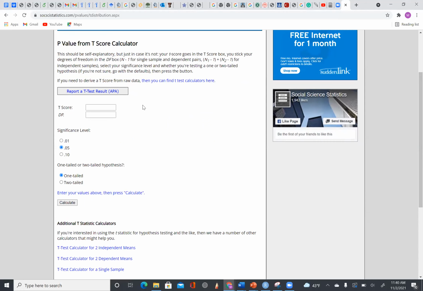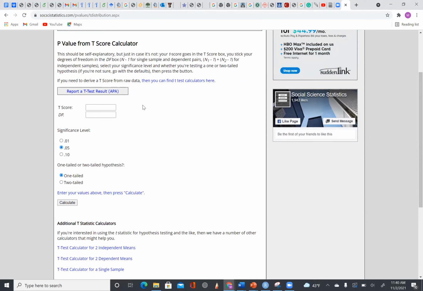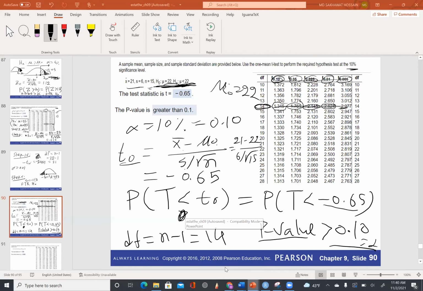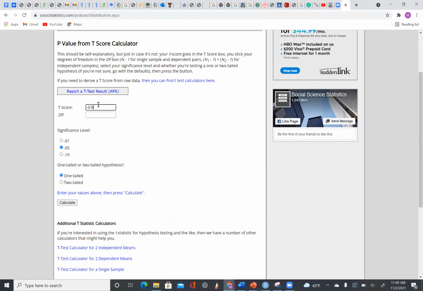So can you see the screen, p-value from t-score calculator? Okay, that's great. So you can use this online calculator. Here you can just write the t-score. In our case, the t-score was negative 0.65, and degrees of freedom was 14.